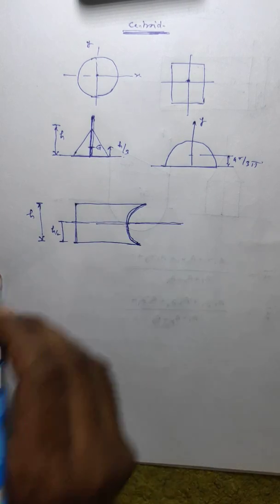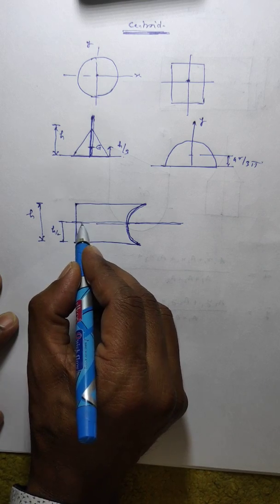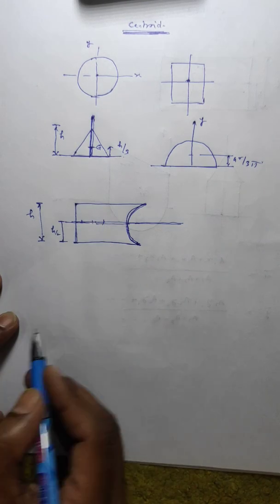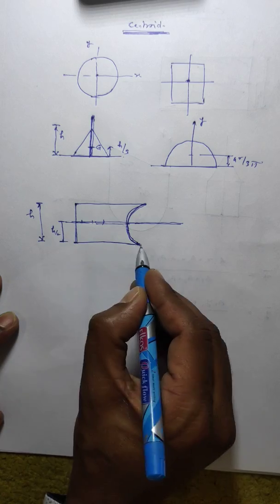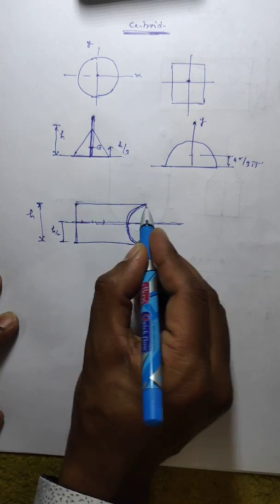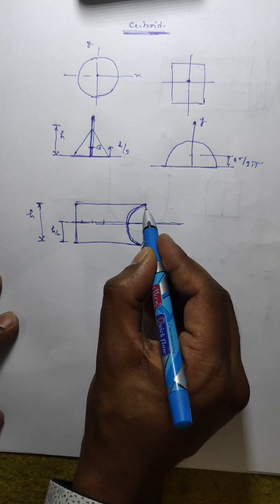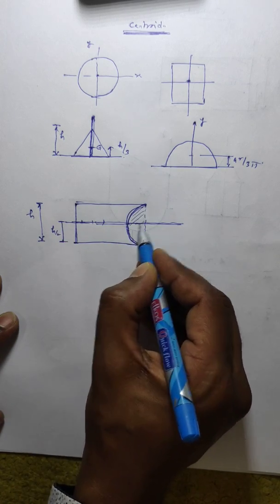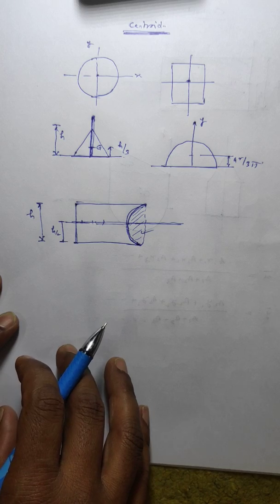So it will lie on this axis, but how much the value of x will be, we cannot say. We have to split this composite geometry into standard geometries. Say one is your rectangle and the other is your semicircular part, which we have to remove from the diagram.